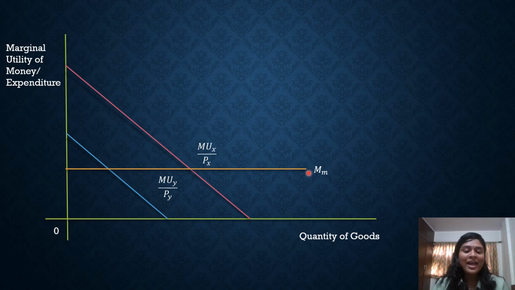So, we have the optimal combination, that is, we are going to consume Y units of vada pavs and X units of samosas, where your marginal utility per rupee for samosa is equivalent to the marginal utility per rupee for vada pav, and marginal utility of money is equal. Finally, if there is an increase in income, suppose our income has increased from 50 rupees to 60 rupees.